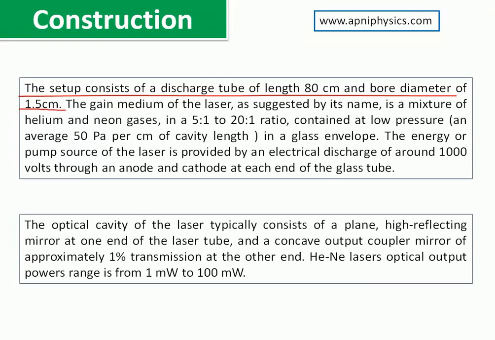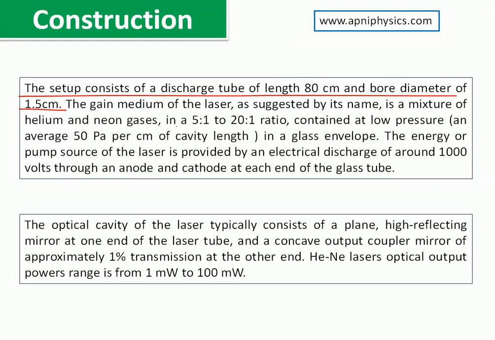It can vary basically from 50 cm to 80 cm, or diameter from 0.5 cm to 1.5 cm, and the gain medium of the laser, as suggested by its name, is a mixture of helium and neon gases with a ratio of 5 to 1 up to 20 to 1, where 5 represents the helium atoms and 1 represents the neon atom.